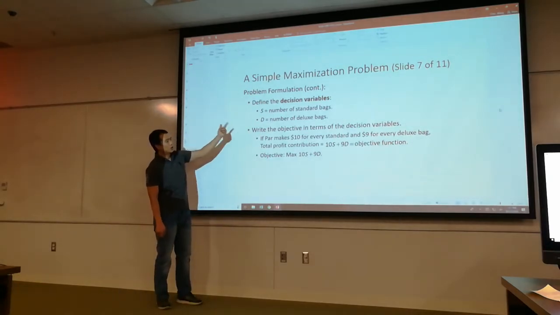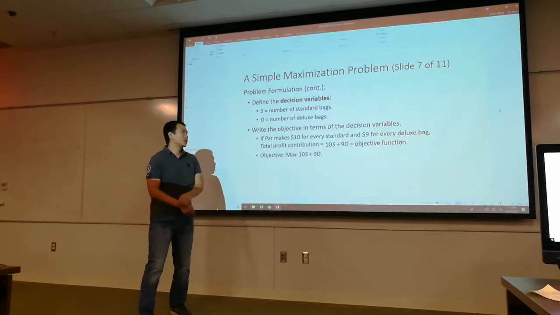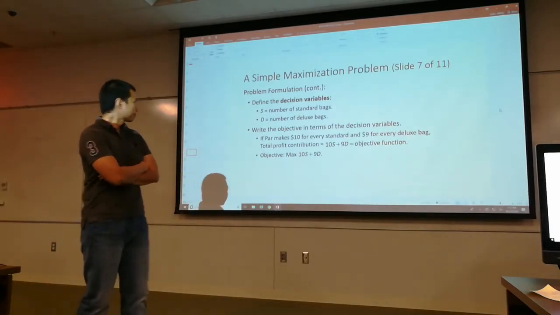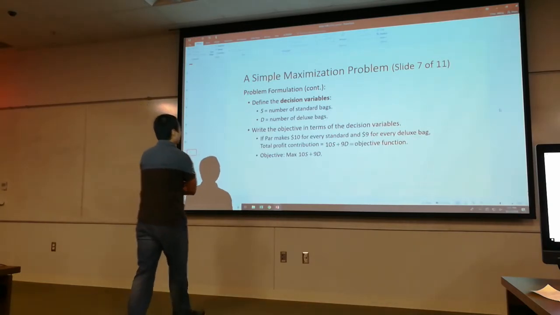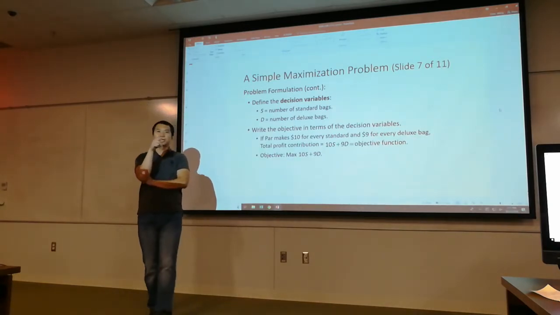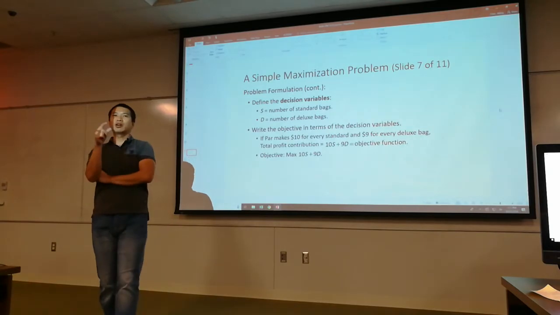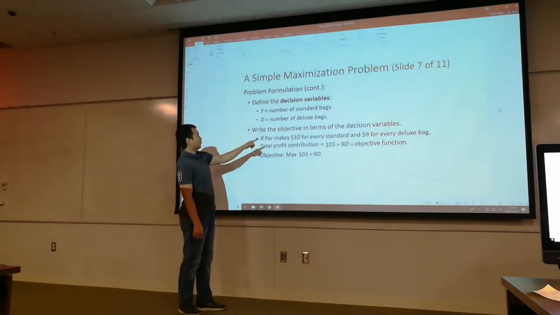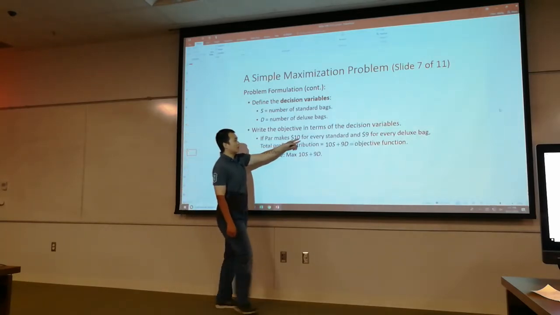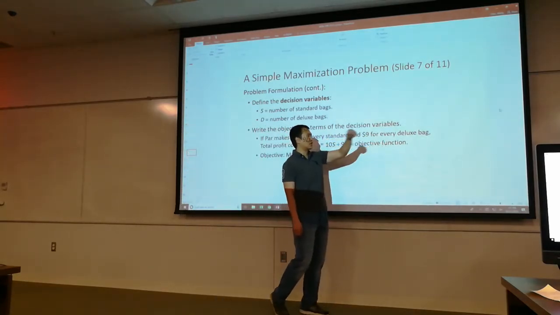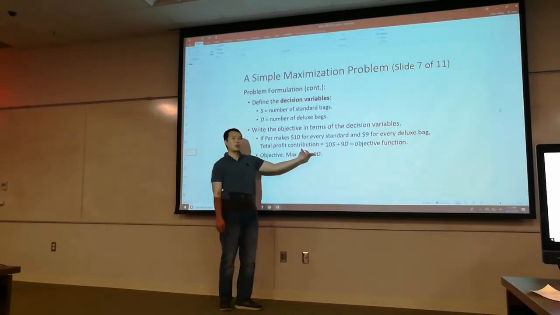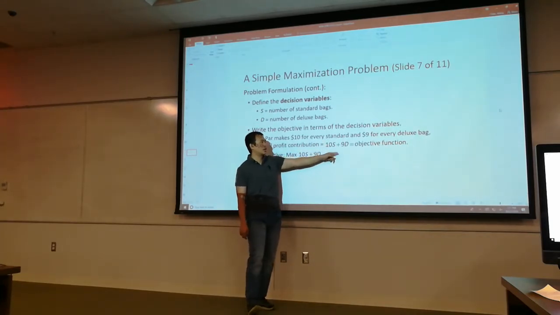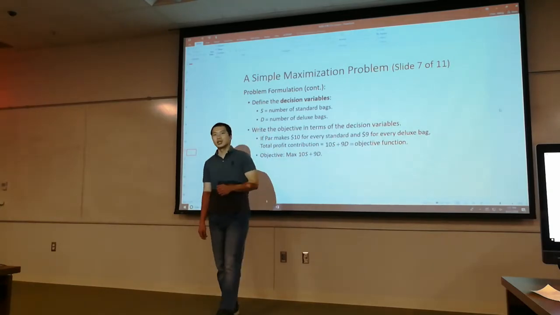Then write the objective in terms of the decision variables. So what is the profit? The profit function is the profit margin times the number of units. So profit per unit for the standard bag is $10 and $9 for the deluxe bag. So the total profit is 10 times the number of standard bags plus 9 times the number of deluxe bags.